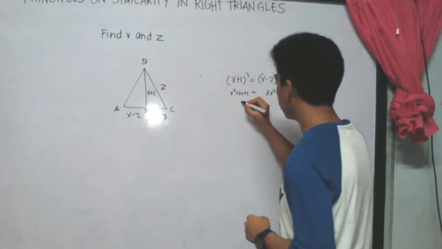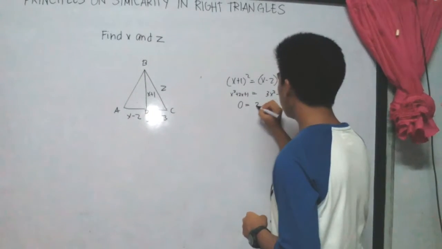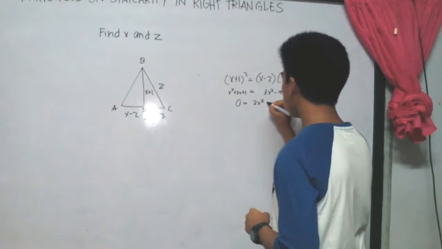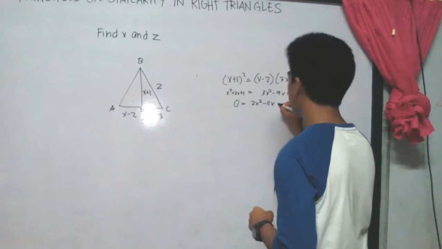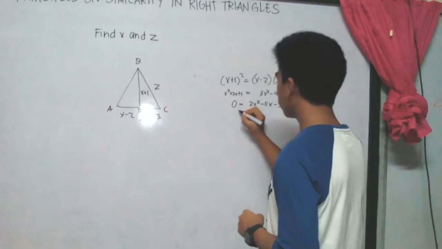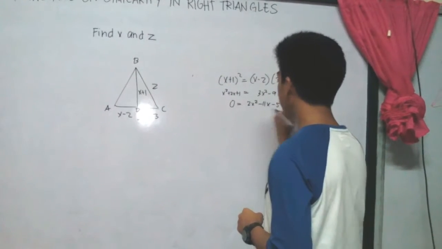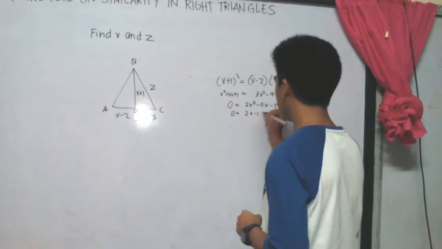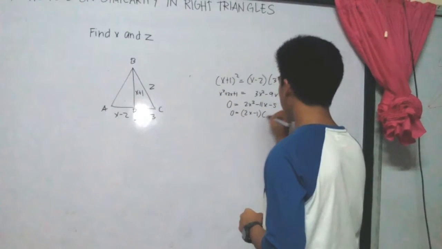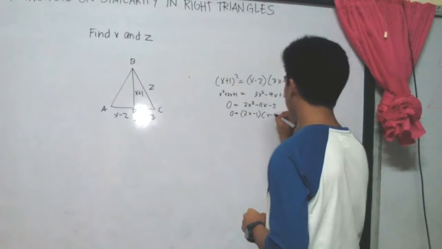By transposition, the equation will be 2x squared minus 11x minus 5. By factoring this equation, the factors will be 2x minus 1 times x minus 5.